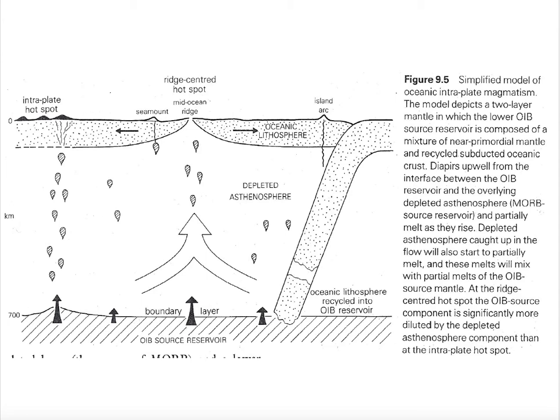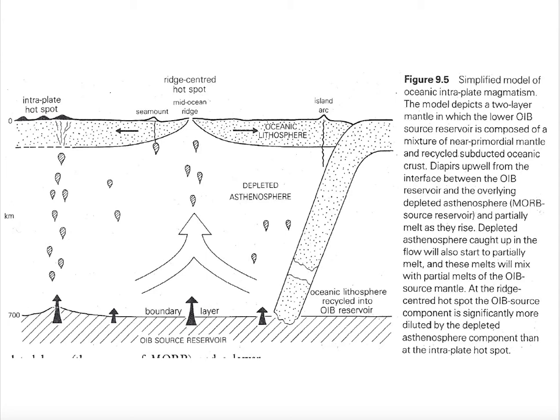And here we have the situation for a ridge-centered hotspot, that is here at the mid-ocean ridge, if we have there an OIB source inside, an enriched basalt. And here we have the intraplate hotspot, and the intraplate hotspot is an ocean island basalt, and this is enriched compared to MORB, because we always have the component from the lower mantle or from the OIB reservoir inside.